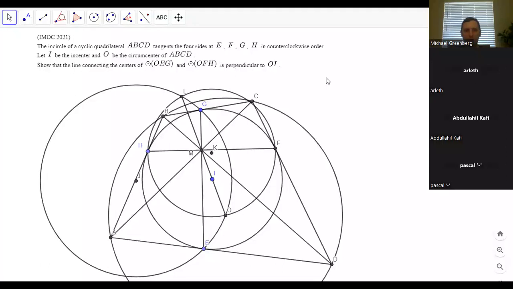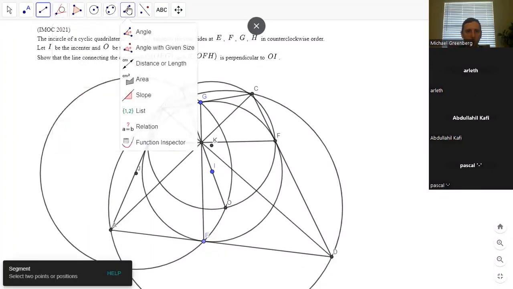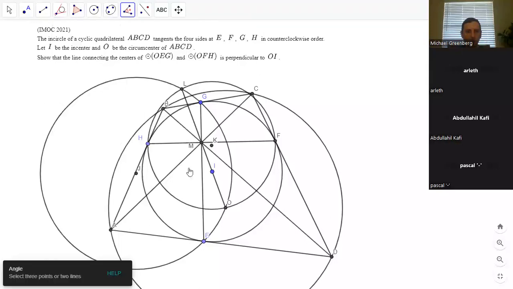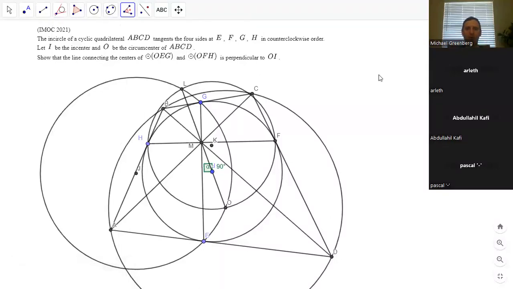Is IK perpendicular to JI? I don't think that would be true, but let me check. Oh, you're right. I don't know why. Yeah, IK is perpendicular to JI. It's my bad. Interesting. And we want to show JK is perpendicular to OI.